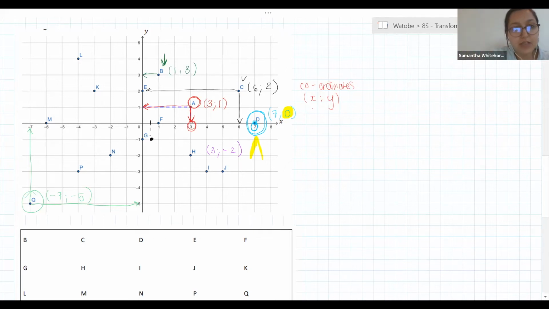If I'm going halfway between 0 and 1, I'm looking at a half on my x-axis and then -1 on my y-axis. So I definitely can get points that are halfway or partway between two whole numbers or two integers. And then it's just a case of trying to get it plotted as accurately as possible. I hope that answers your question.